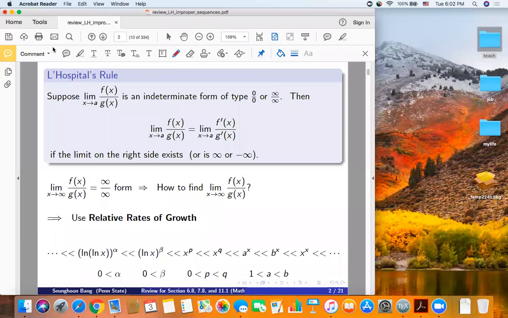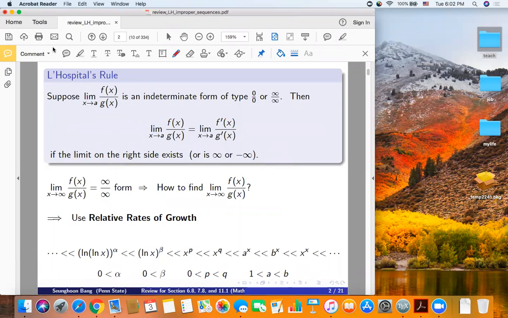The exponential function a to the x is growing faster than any algebraic function x to the power q. p to the x is growing faster than a to the x. x to the x is growing faster than p to the x. This is called relative rate of growth.